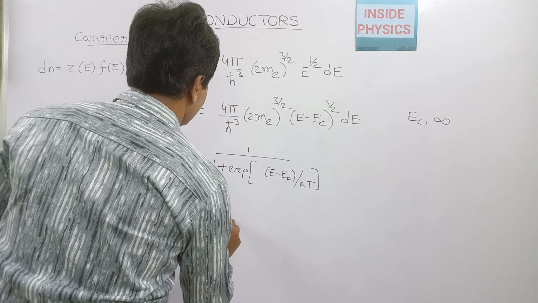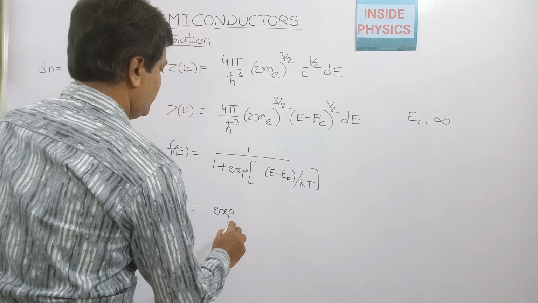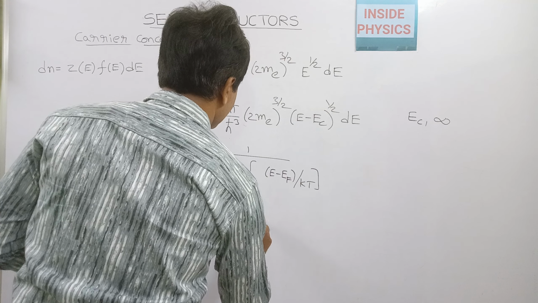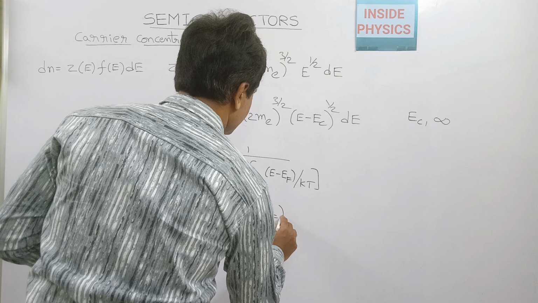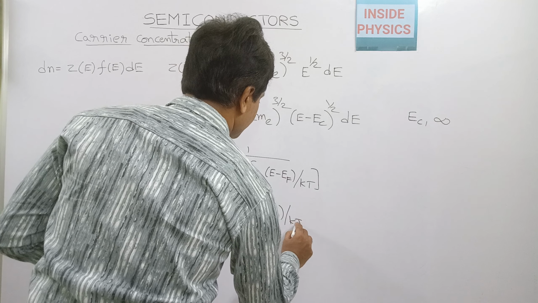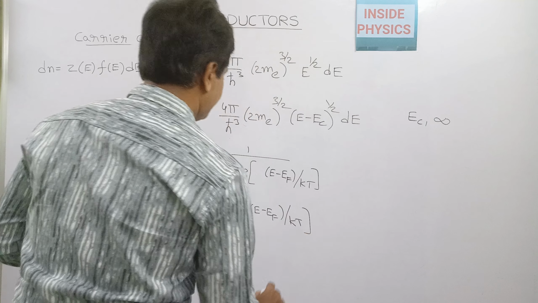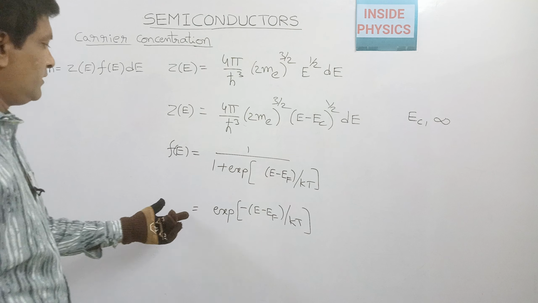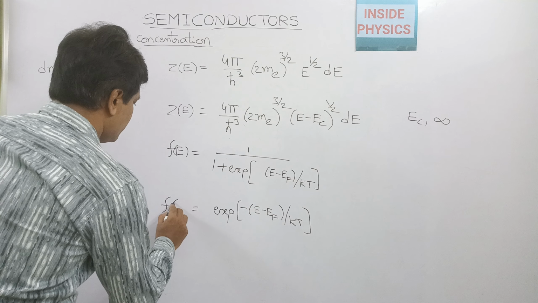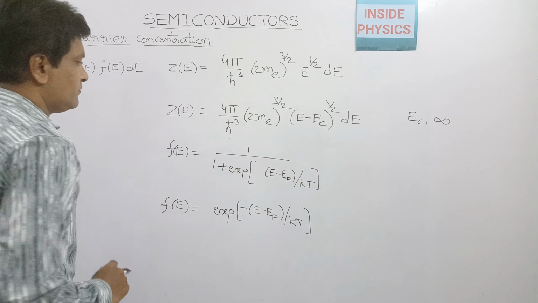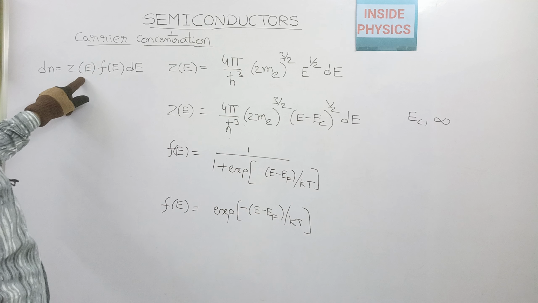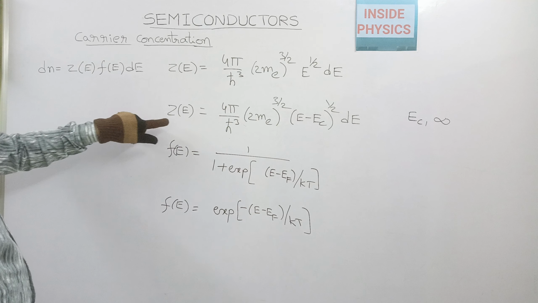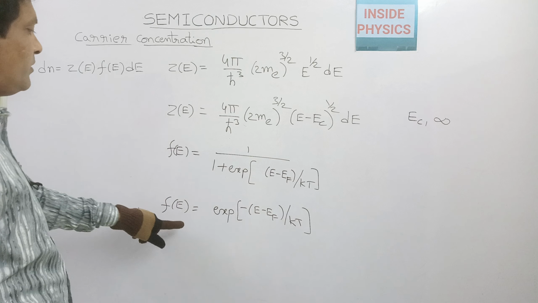Now this Fermi-Dirac function can be written in the form of the Boltzmann function. If you observe, we have got the representation for density and probability.